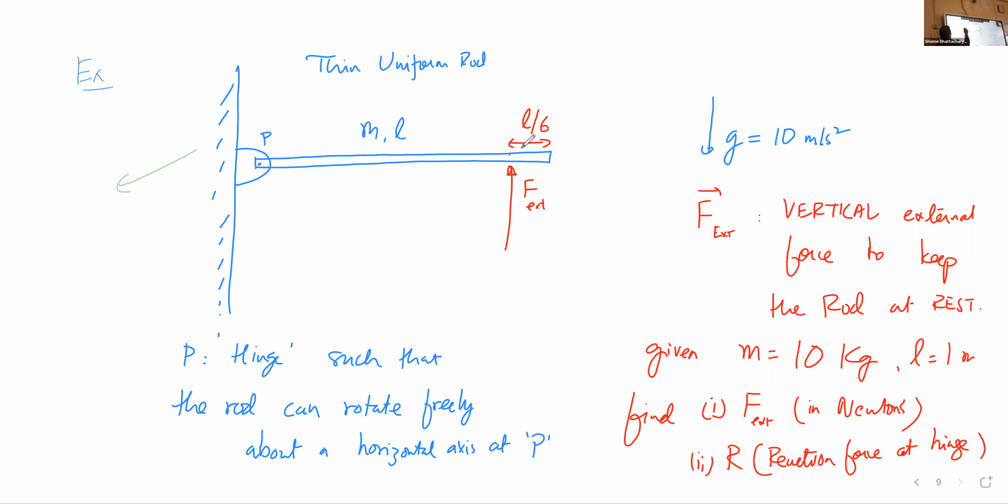So this is a rigid body with a fixed axis being at equilibrium. So we will solve for equilibrium by putting the net torque as zero.